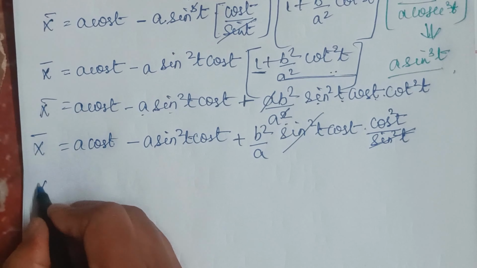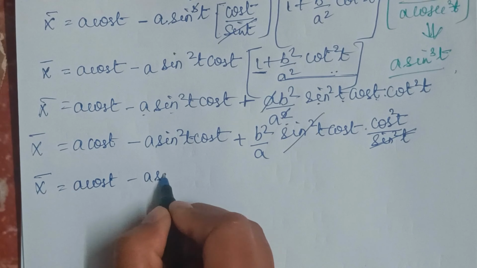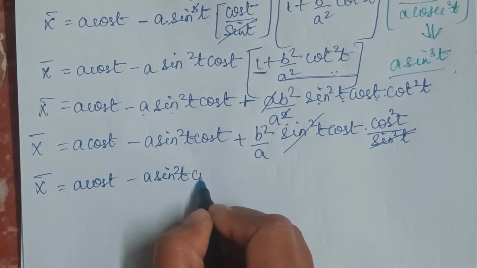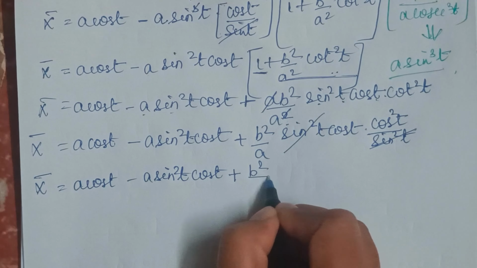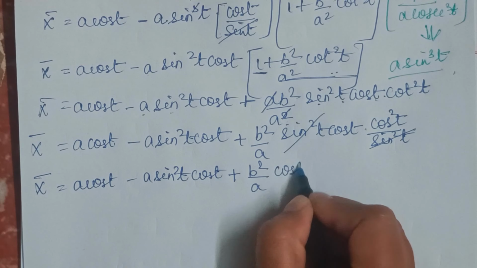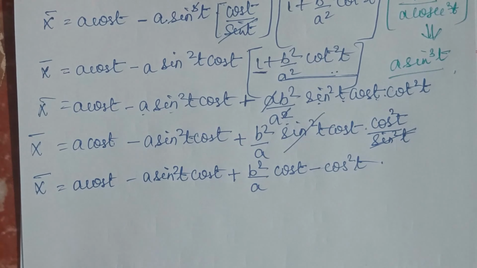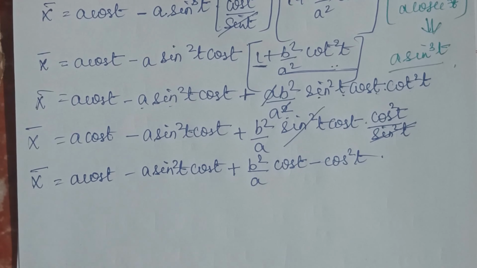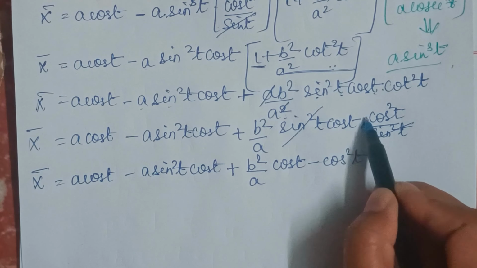So it will become a cos t minus a sin square t cos t plus b square by a cos t into cos square t. Sorry, this is not minus, this is into, correct? This is into.